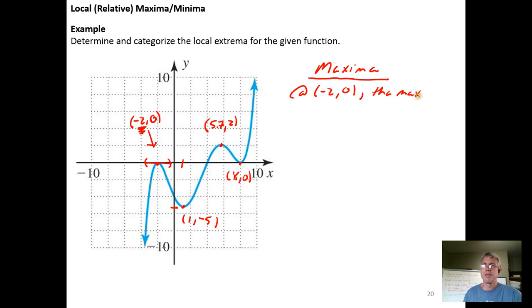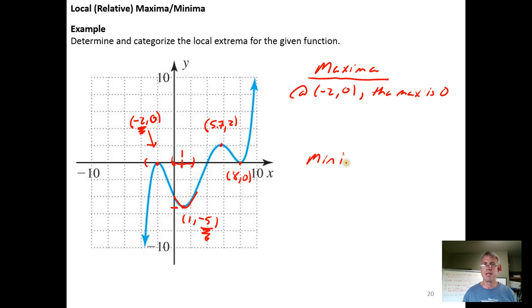and the max is the output, so it is 0. So the local maximum at this location is a 0, and then clearly we could establish an open interval around the 1, and clearly on that open interval this output is going to be the smallest output, so that's a minimum value.